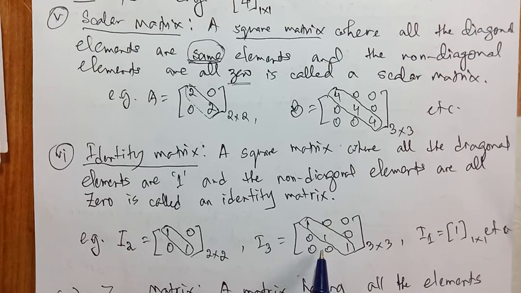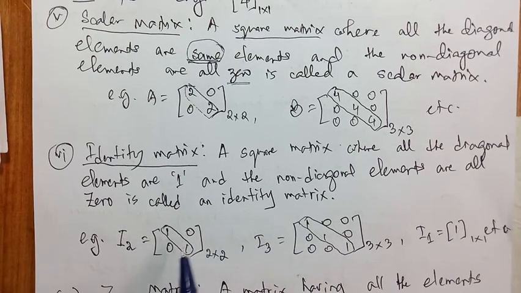So this is also called an identity matrix of order 3, and the symbol we always use is I. The symbol I is used to denote the identity matrix. And an identity matrix of order 1, that is the element 1, a single element in the matrix, can also be taken as an identity matrix.